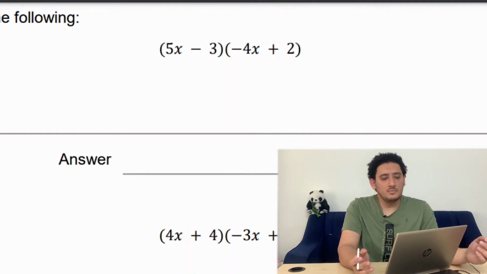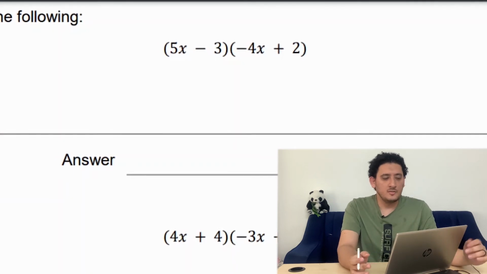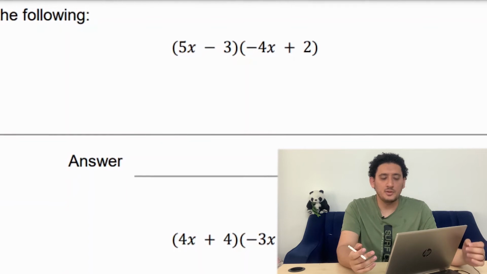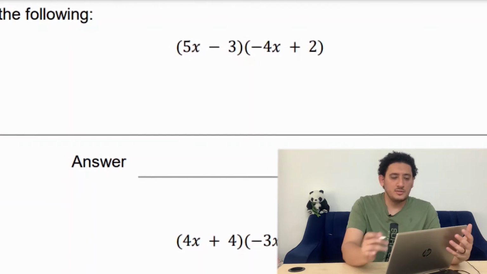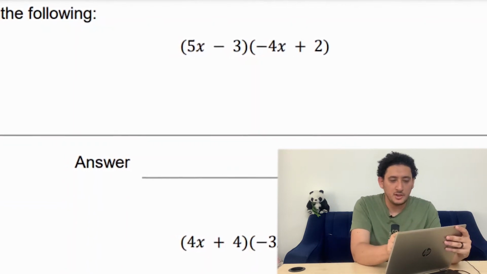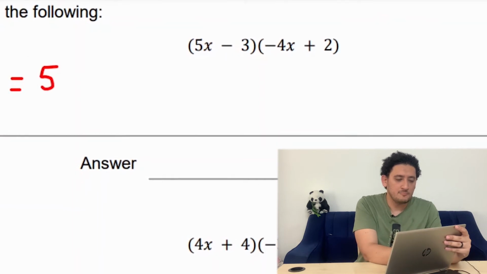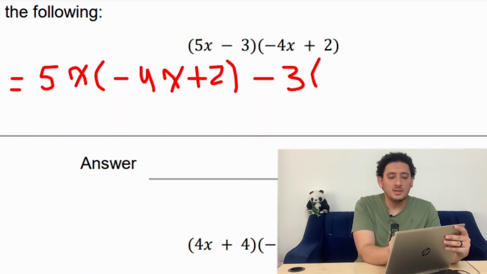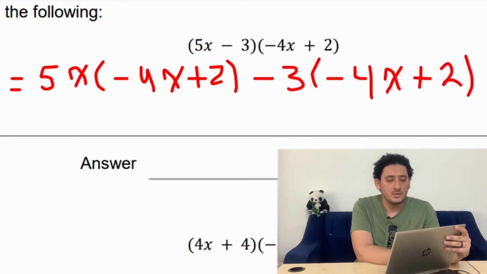Now we will solve some other exercises with the same idea but with coefficients other than 1 for x. For example, the first one here is 5x minus 3 multiplied by negative 4x plus 2. If we want to do this multiplication or expansion, we will multiply 5x by the second bracket, negative 4x plus 2, and then negative 3 multiplied by negative 4x plus 2.